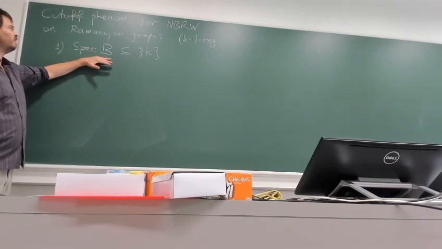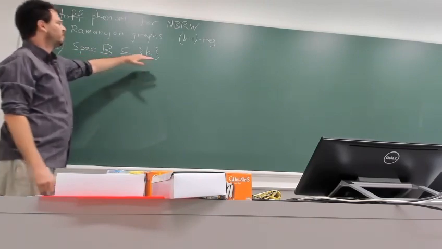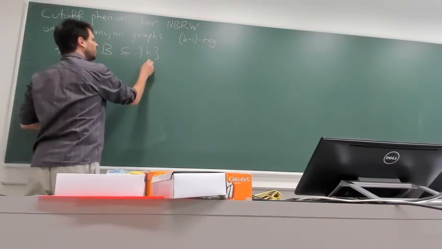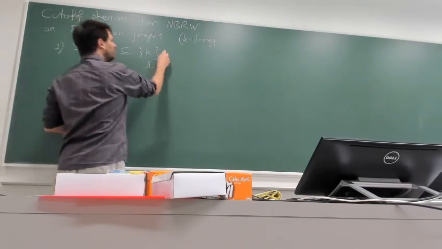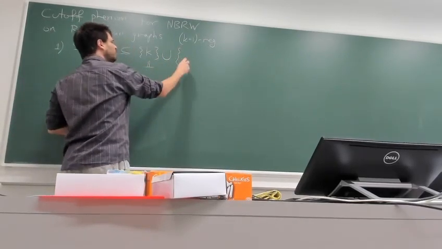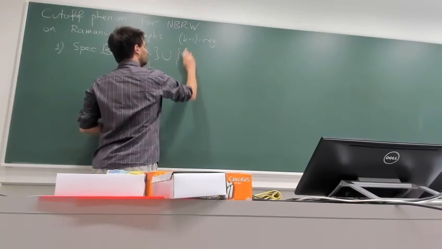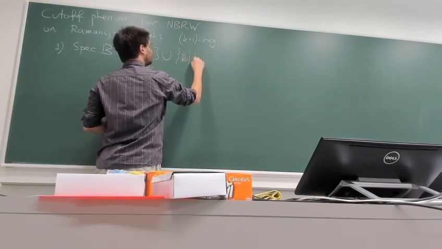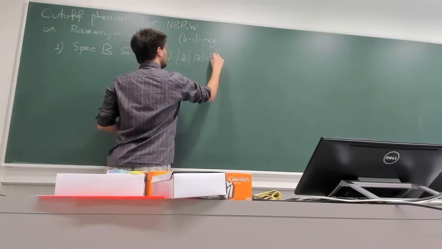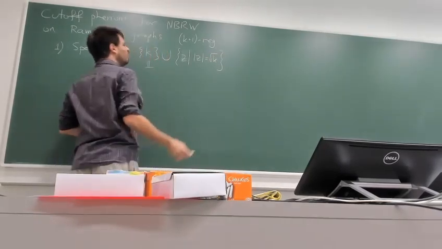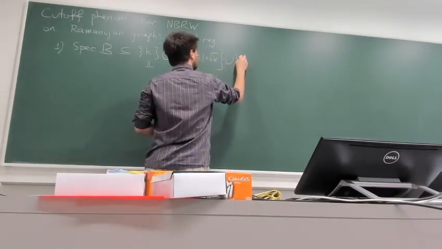So the non-backtracking operator has the trivial eigenvalue k corresponding to the constant function, and the rest was contained in either the unit circle or plus minus 1.